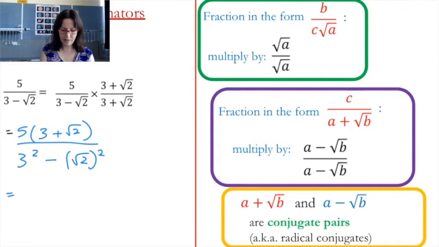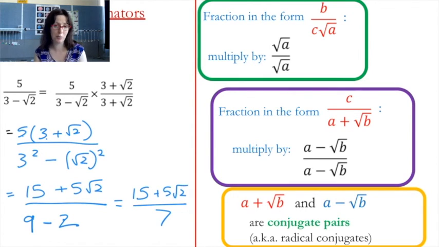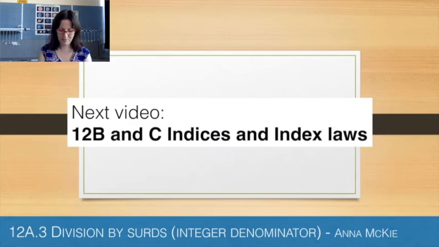The numerator, we have 5 multiplied by 3, that's 15, and then we have 5 multiplied by root 2, gives us positive 5 root 2. Over the denominator, 3 squared comes out to be 9, and then this comes out to be 2, so we have 9 subtract 2. And then that whole thing is 15 plus 5 root 2 all over 7. And now we have our integer denominator, which is what we were after.